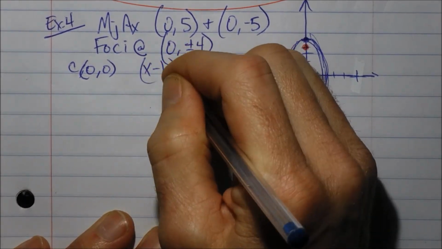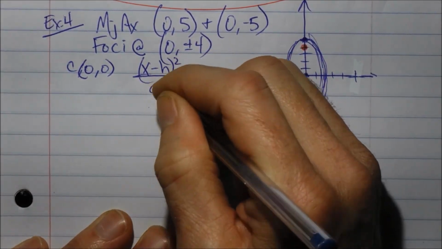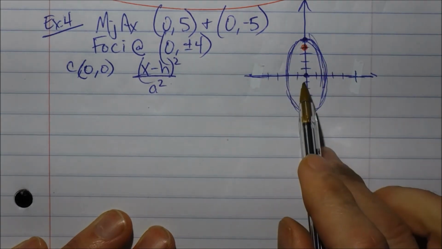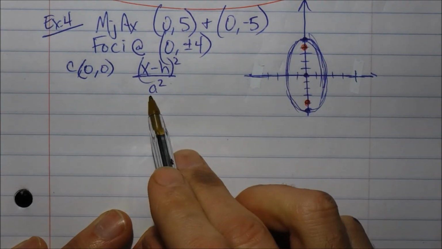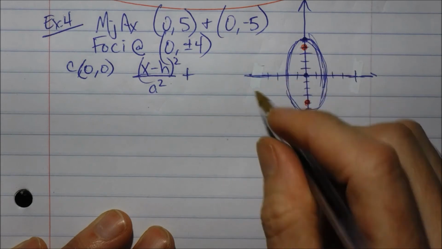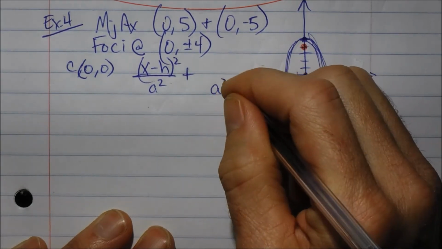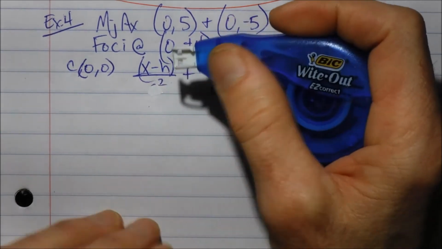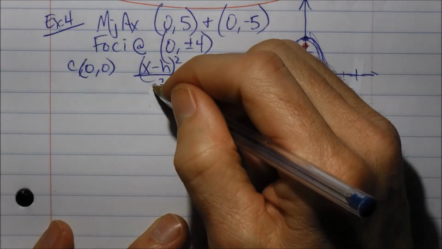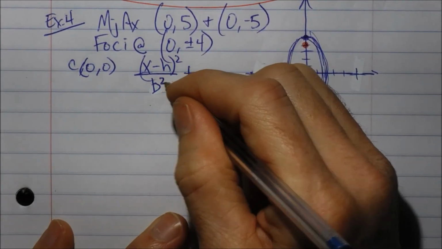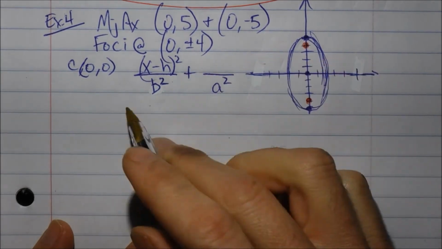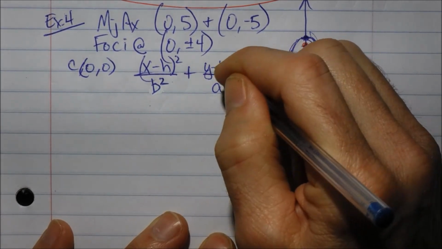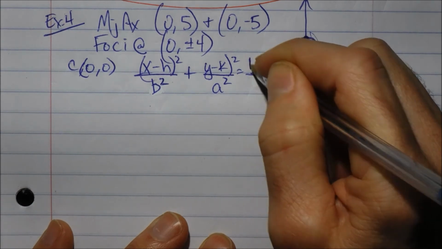(x minus h) quantity squared over a squared. Oh wait, but this is a vertical one, so the a squared would be over here, wouldn't it? If it's vertical, the a squared's over here. Agreed? So let's change this; this would be b squared. So this is (y minus k), all equal to 1.